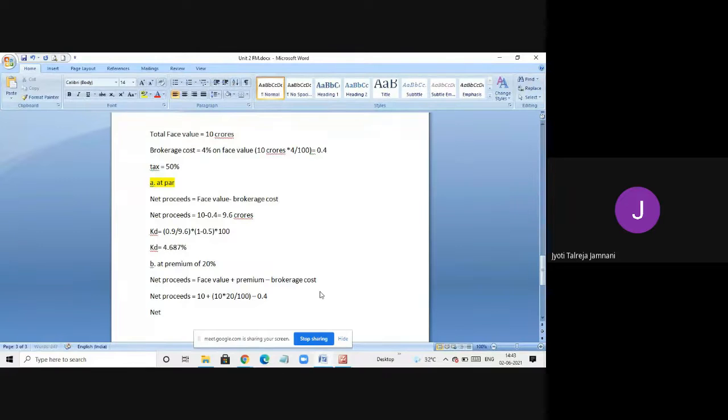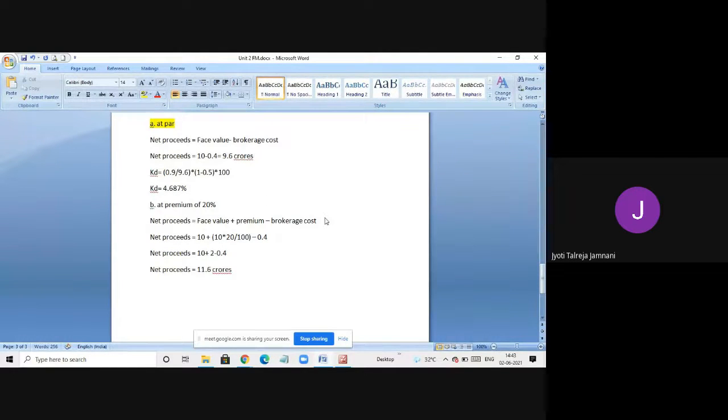So net proceeds is equal to 10 crores plus 20% of 10 crores, which is 2 crores, minus 0.4. So 10 plus 2 is 12. 12 minus 0.4, we get 11.6. So 11.6 crores is the net proceeds.